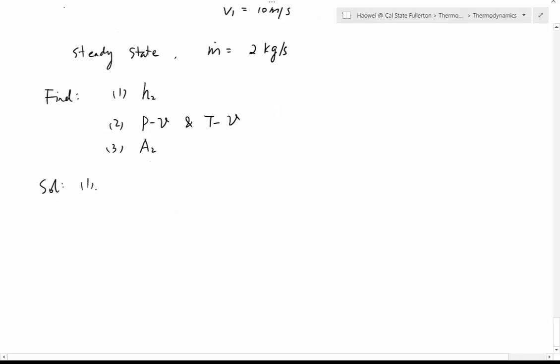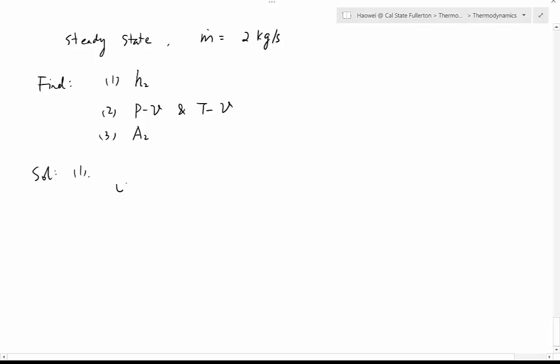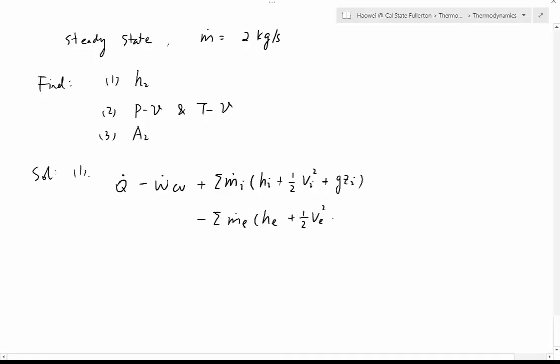So let's copy down the first law for a control volume, which is Q dot minus W dot control volume plus sigma m dot i times (h_i plus 1/2 V_i squared plus g z_i) minus sigma m dot e times (h_e plus 1/2 V_e squared plus g z_e) equal to, on the right-hand side, dE over dt. Okay, so this is the original first law for a control volume.